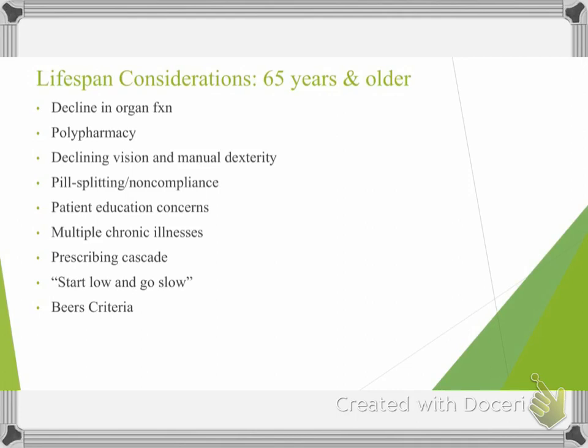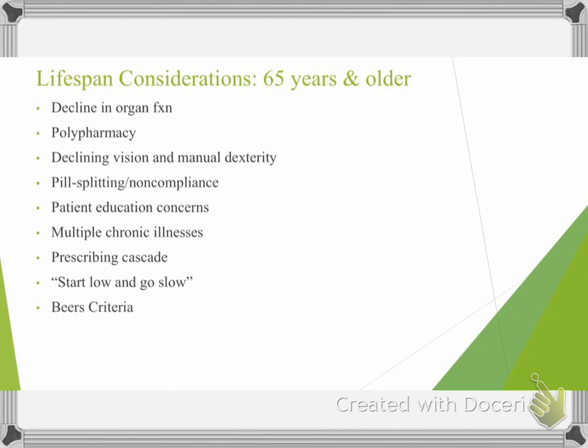For ages 65 and older, there's a decline in organ function. That means the medications are going to stay in the system longer. The liver, the kidneys, and the heart are all declining in function. They're going to have polypharmacy, which means multiple providers, multiple prescriptions, multiple pharmacies, lots of meds.